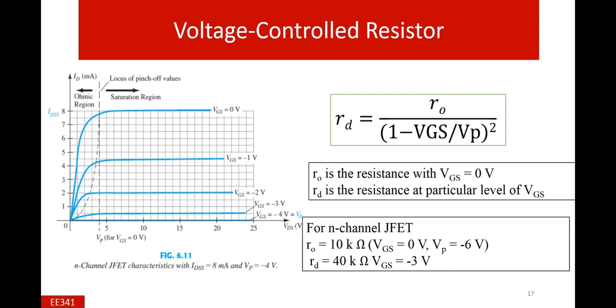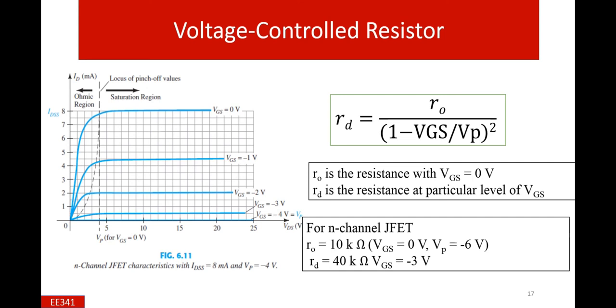For example, this ohmic region, how is this ohmic region defined? This is the relation which defines the resistance at a particular value of VGS, and this is the best approximation.